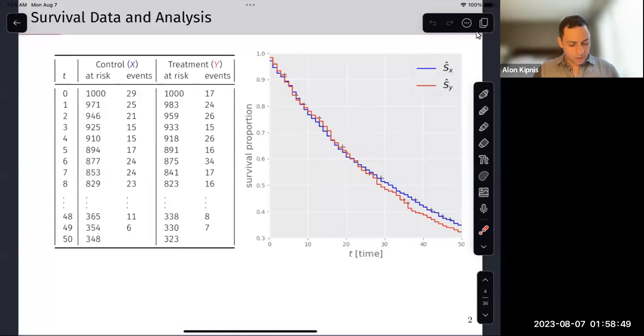For example, here we have 15 events, but altogether the difference is 16. This is because one of the patients was censored from the study, and this is something that happens quite a lot in survival data, and we want methods that can accommodate this sort of censorship. On the Kaplan-Meier curve, censorship is usually denoted by pluses.